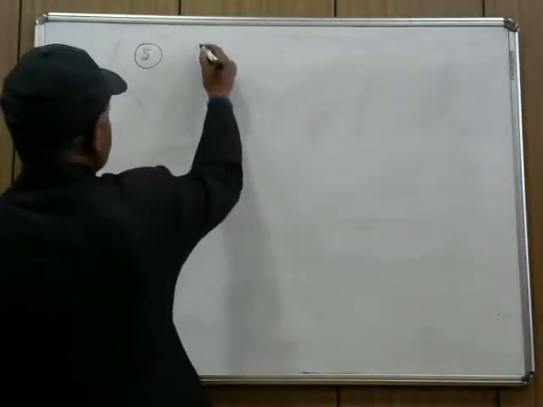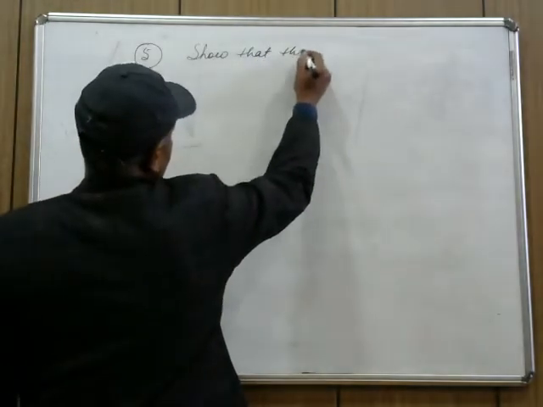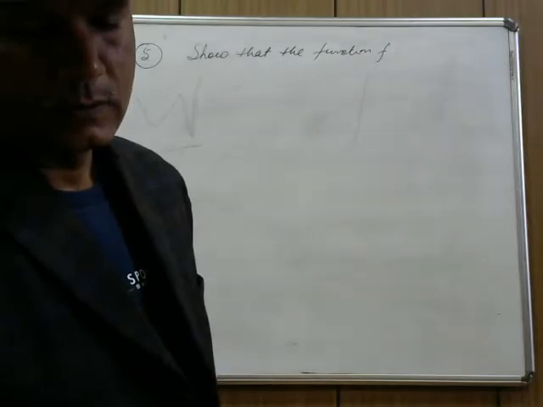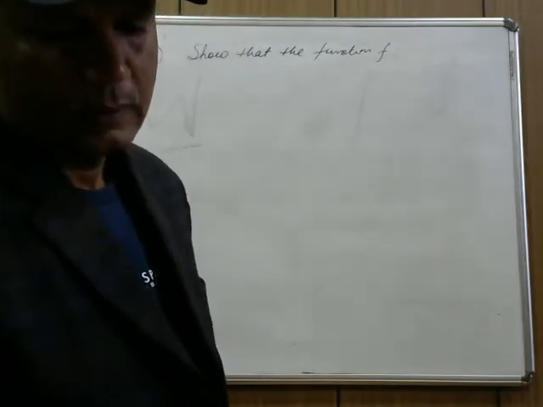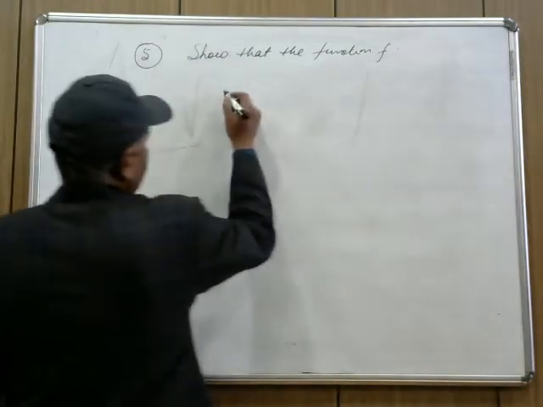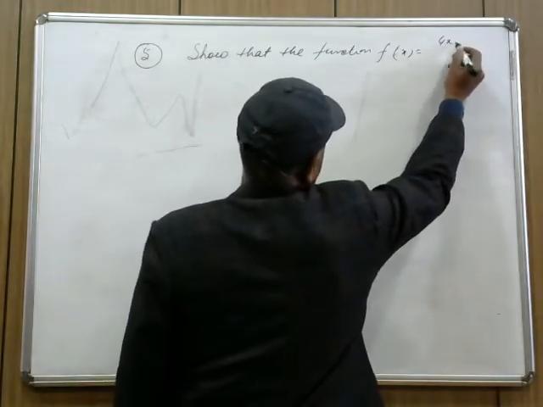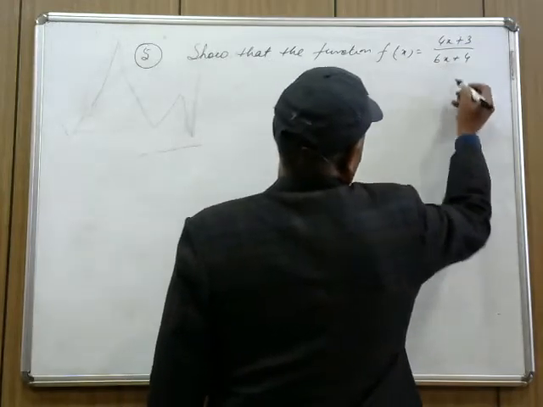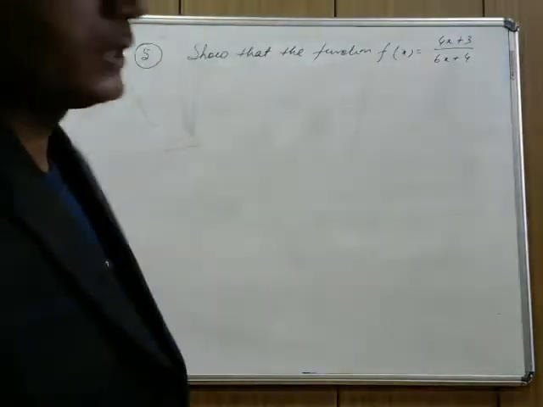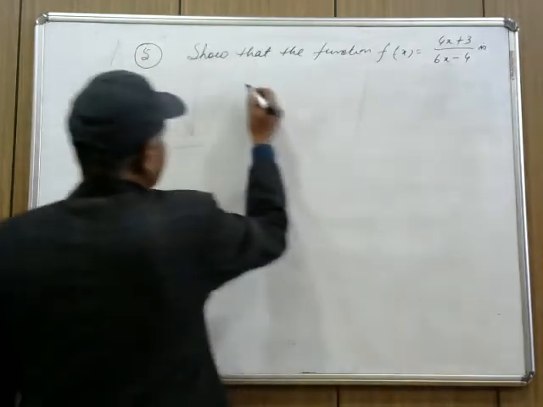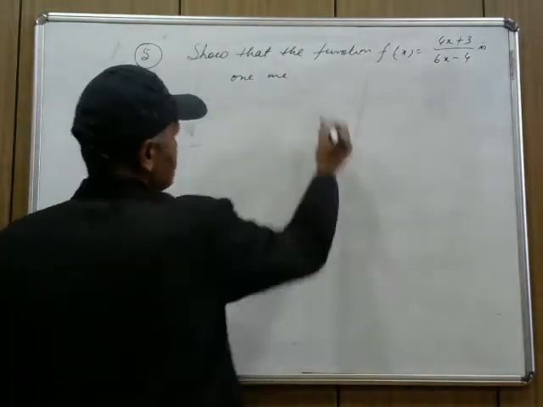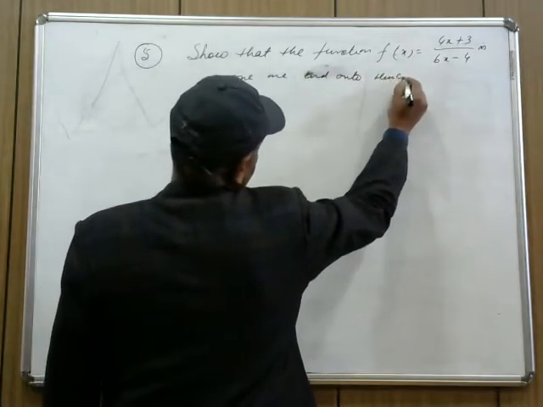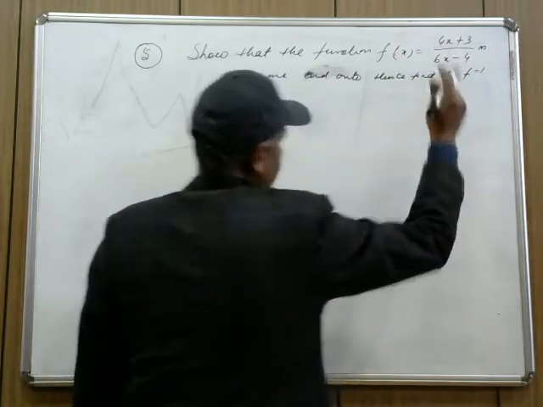Show that the function f defined as f of x is equal to 4x plus 3 upon 6x minus 4 is one-one and onto, and hence find its inverse, right?